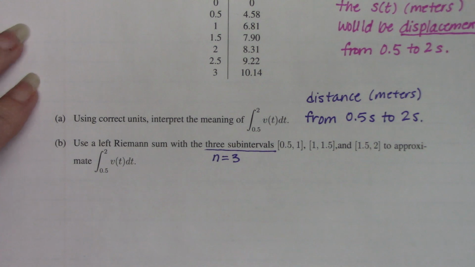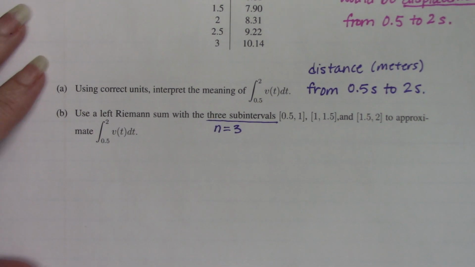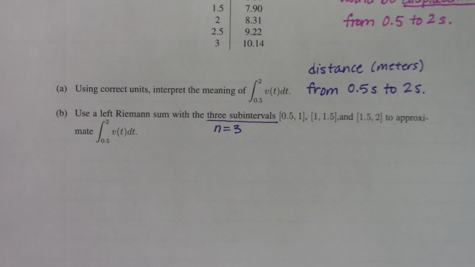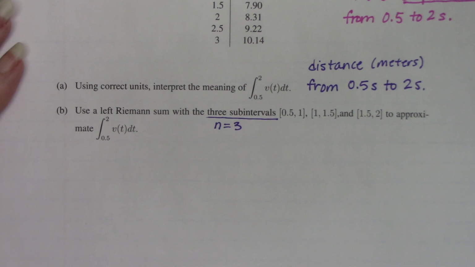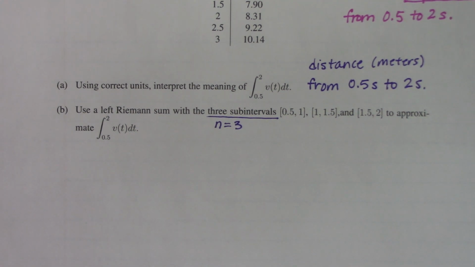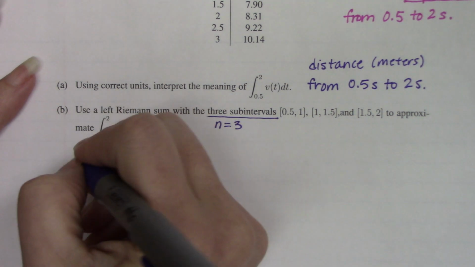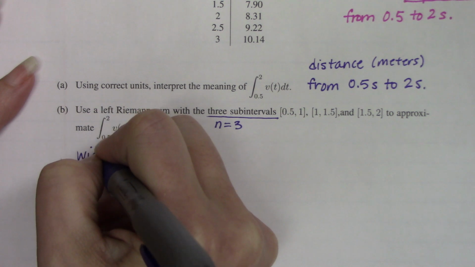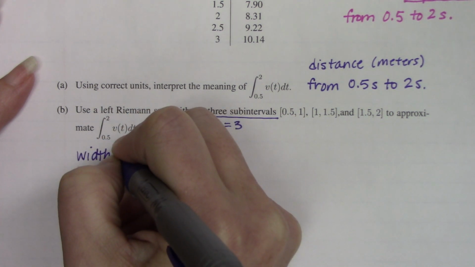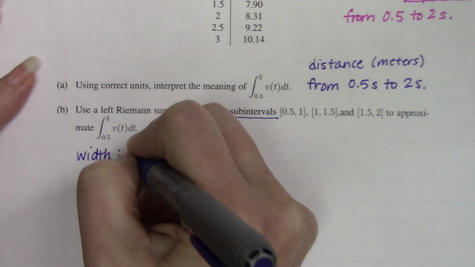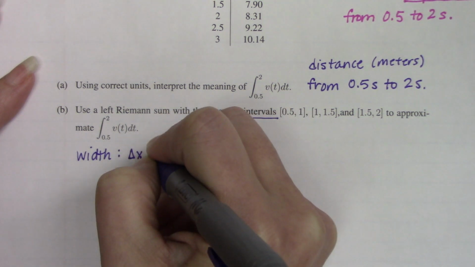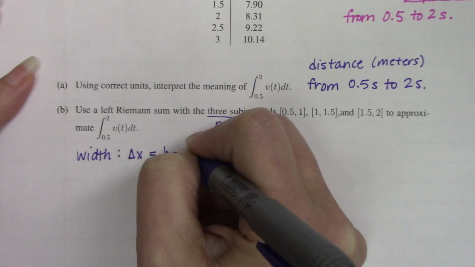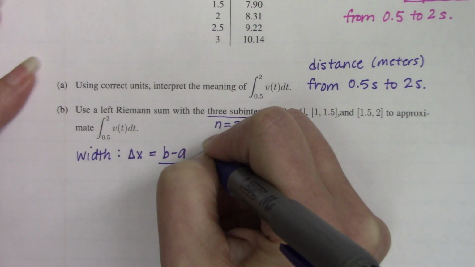With Riemann sum, remember, Riemann is simply creating rectangles and then adding those 3 rectangles. When we add up the area of the rectangles, we need to add up their widths times their heights. In order to calculate the width, sometimes referred to as delta x, the formula is b minus a over n.